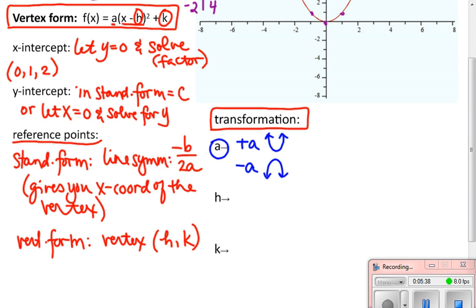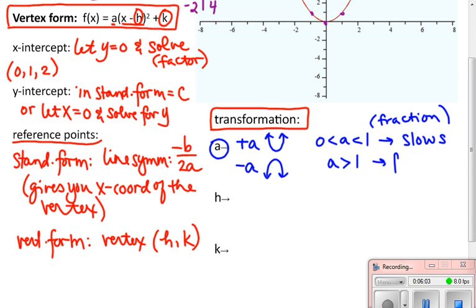It also tells you about growth. If your a is a fraction, it slows your growth. It makes it flatter. If your a is some number bigger than 1, it grows faster, or it's really steep.